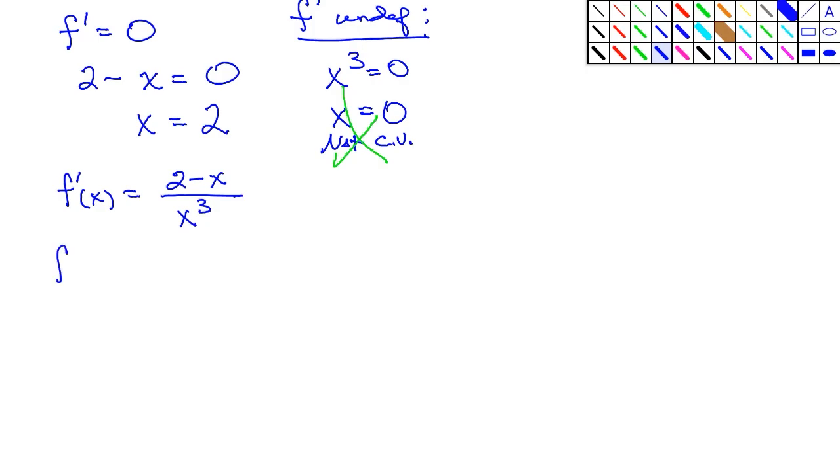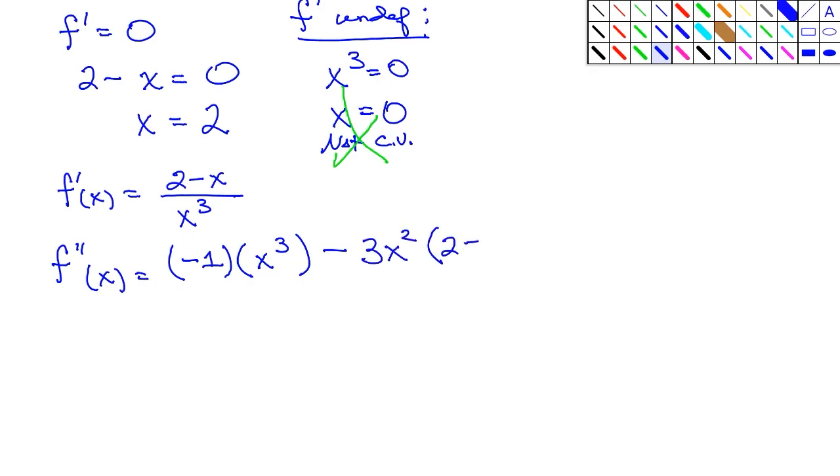And now the second derivative would be the derivative of the top times the bottom unchanged minus the derivative of the bottom times the top unchanged divided by the bottom squared. That's negative 1 times x cubed minus 3x squared times 2 minus x divided by x to the sixth.